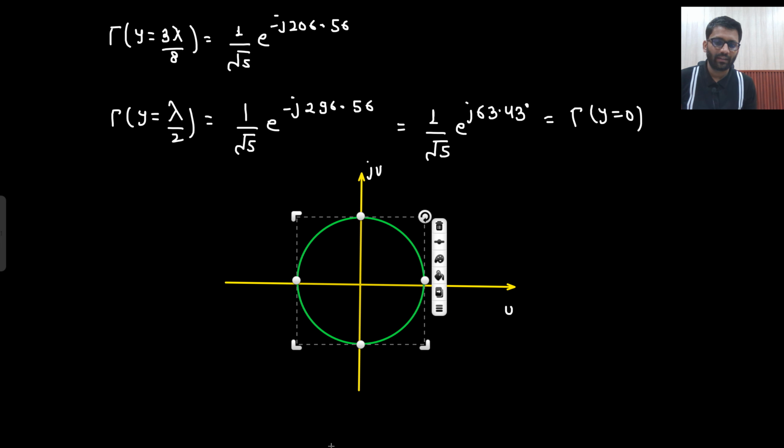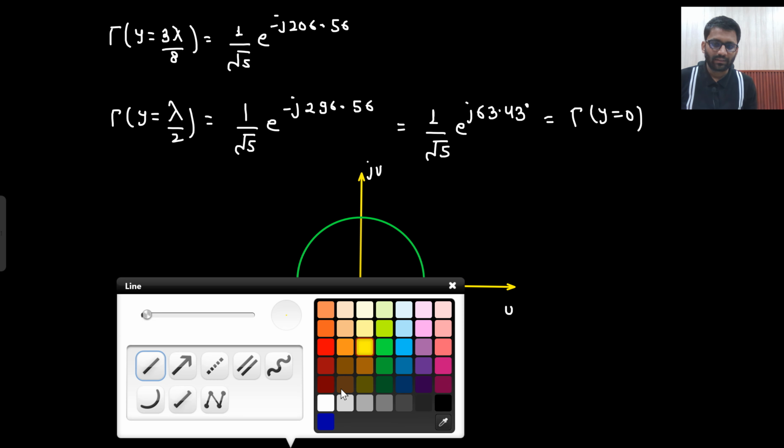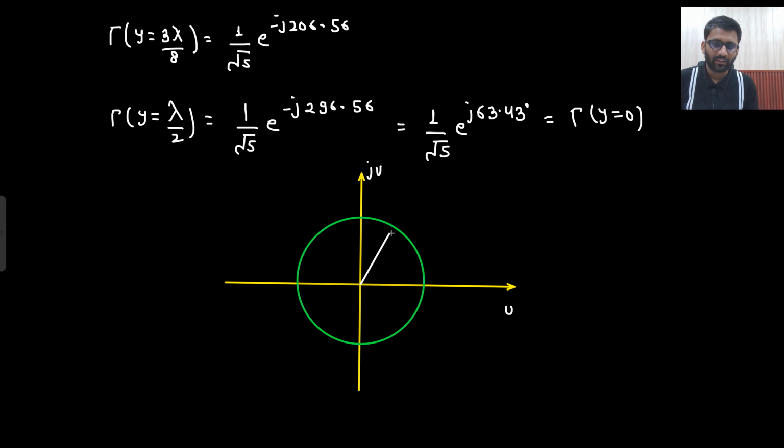Now in this circle, if I need to show the points, this would have been your y equals to 0, then this would have been your y equals to lambda by 8, then this would have been your y equals to lambda by 4, and this would have been your y equals to 3 lambda by 8, and then this would have been again your y equals to lambda by 2.